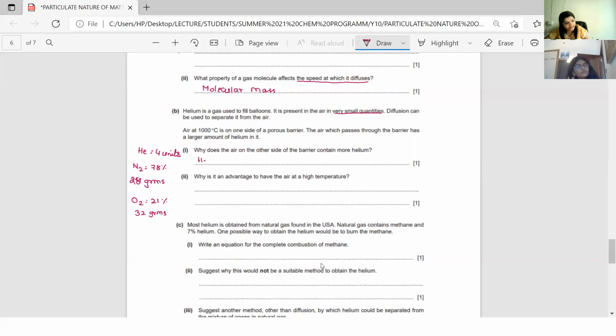So we will write that helium diffuses faster than air, because air contains majorly what? Nitrogen and oxygen. Now, what is an advantage of high temperature? We know that the diffusion rate will be higher at high temperature. So at high temperature, the rate of diffusion will be faster.